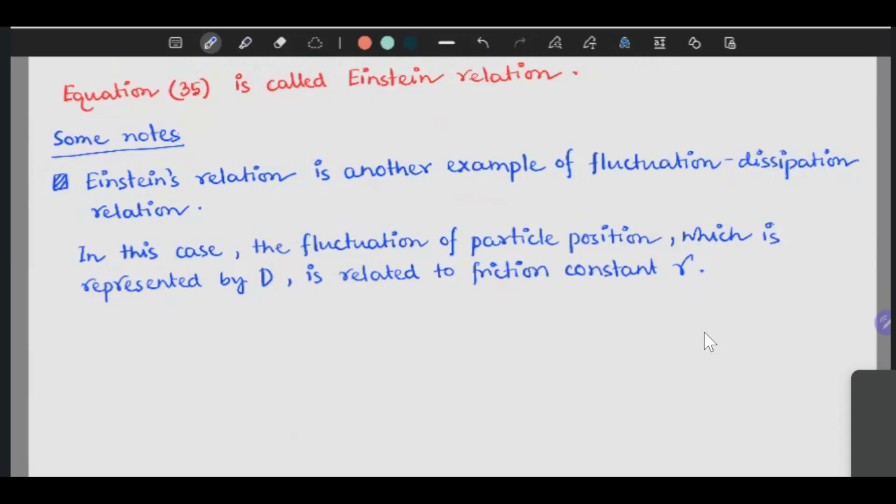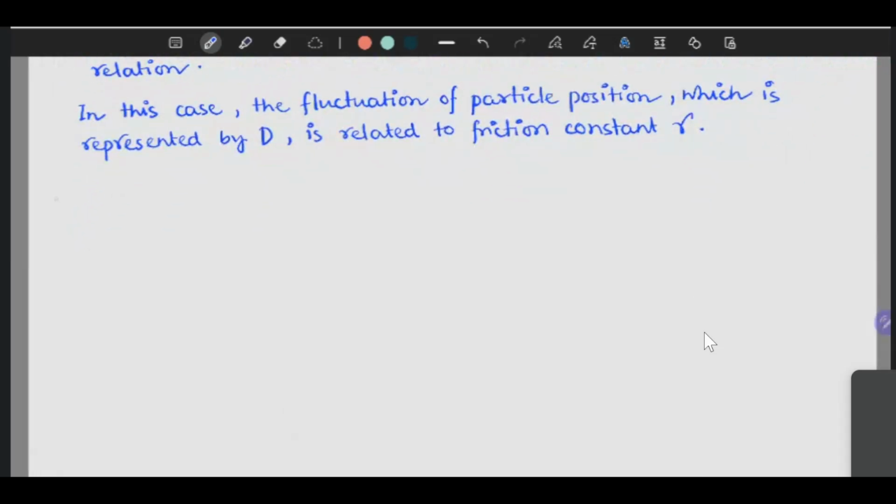Okay. Now one more thing. We have made a certain assumption earlier, the assumption that T is very much greater than tau v.